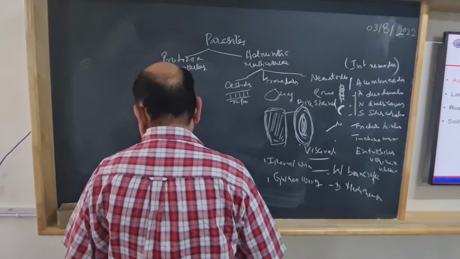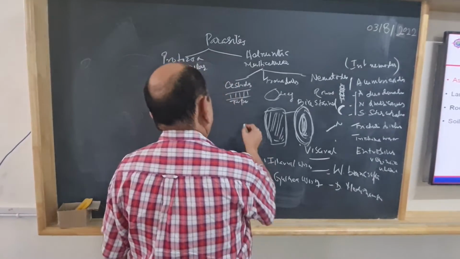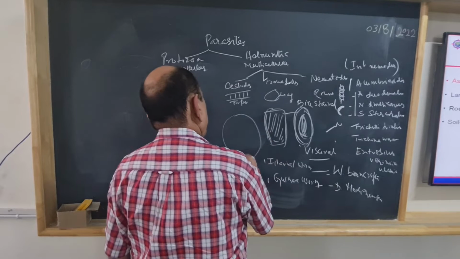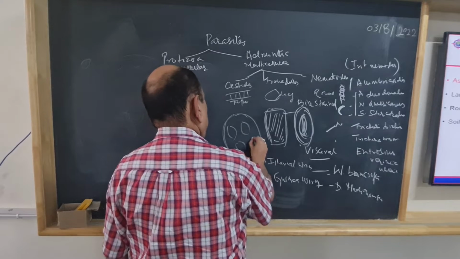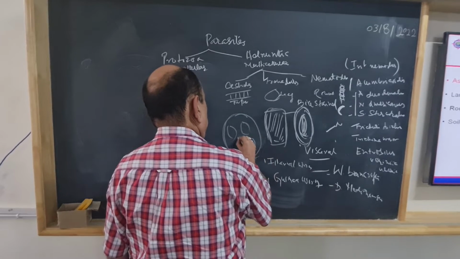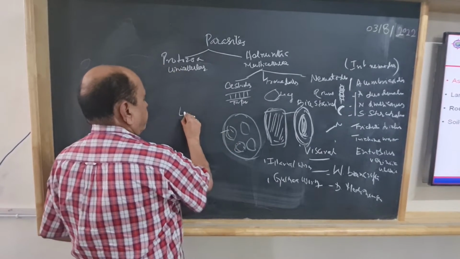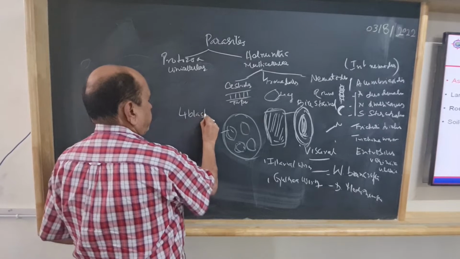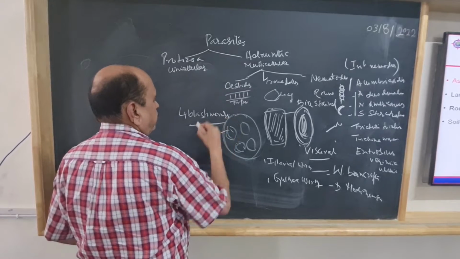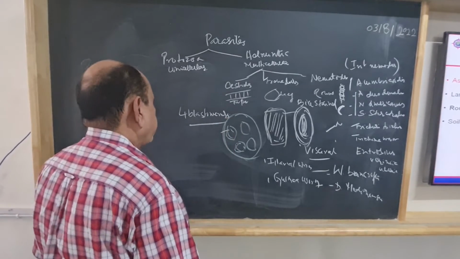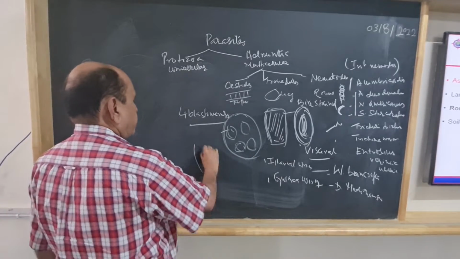Now, hookworm eggs are non-bile stained. They show 4 blastomeres. Whereas Trichuris trichiura, the whipworm, is bile stained.